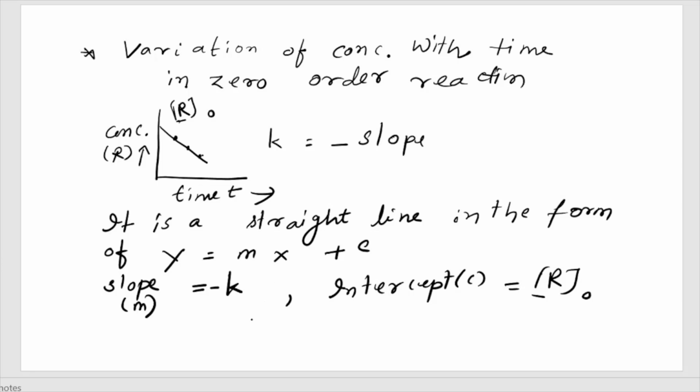So y means the concentration of reactant, and x means time. If you plot between the two, you get a straight line.